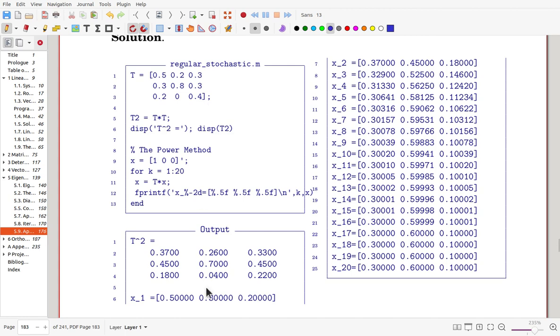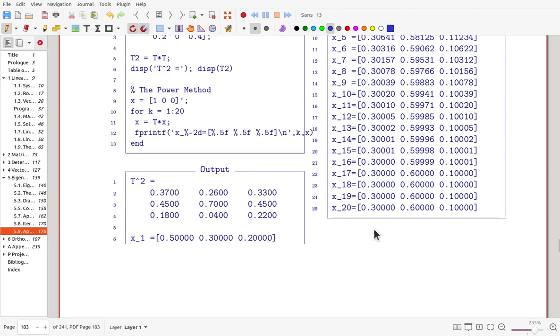Now let's see the result of the power method. After one multiplication, and then 2, 3, 4, and finally we have 20 multiplications. We have the result. From somewhere, it's apparently not changing, so it is convergent up to 5 decimal point accuracy. That is the steady-state vector corresponding to the largest eigenvalue 1, right? So we found that by using the power method.